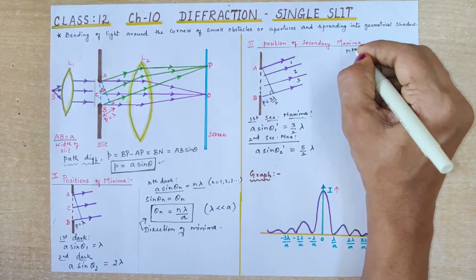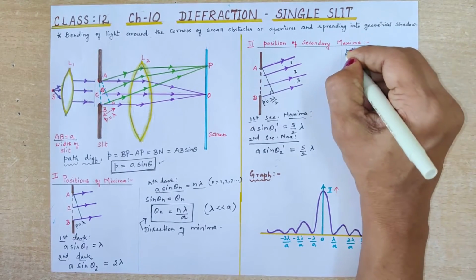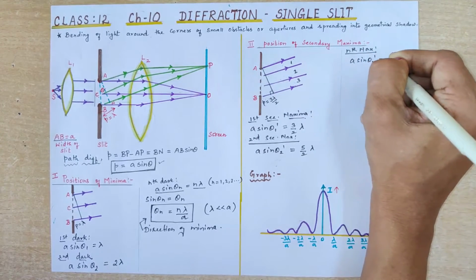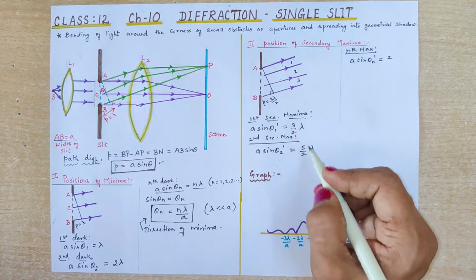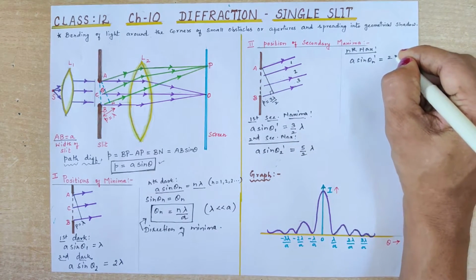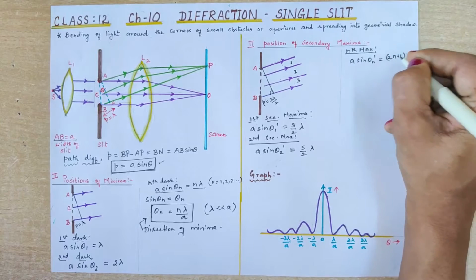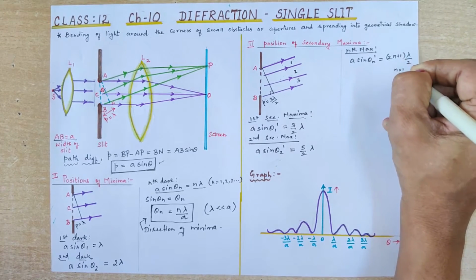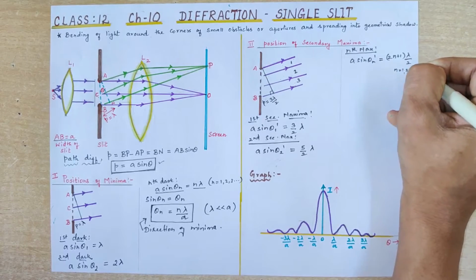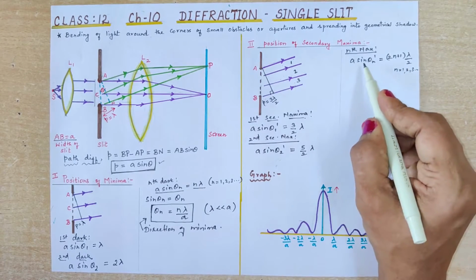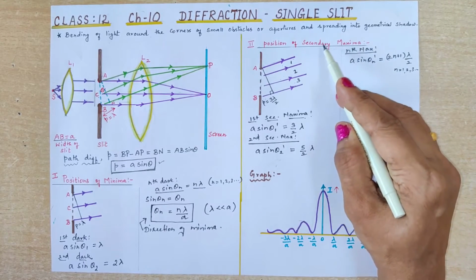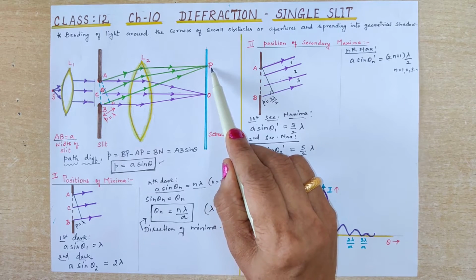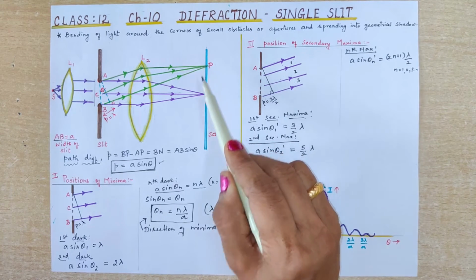In a similar way, for the nth secondary maxima, a sin theta n dash is equal to, because it is 3 by 2, 5 by 2, 7 by 2, etc., 2n plus 1 times lambda by 2, where n is equal to 1, 2, 3, etc. This is the formula for the nth secondary maximum when the slit is divided into 3 halves and forming secondary maxima at the reference point P on the screen.